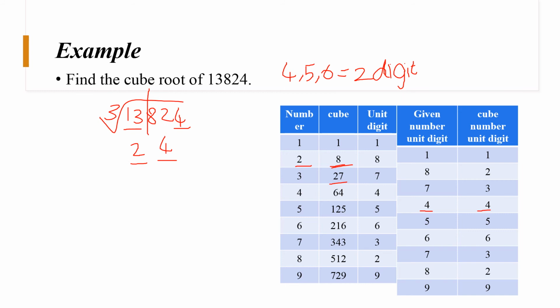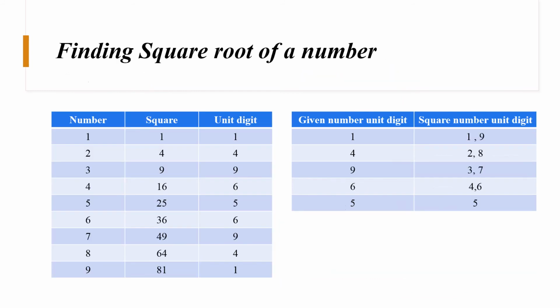Okay. Next we will see how to find the square root of a number. This is a similar concept to finding the cube root of a number. Here also we need to remember the table of the given number's unit digit and the square number's unit digit. If the given number's unit digit is 1, the square number's unit digit will be 1 or 9, and if the given number's unit digit is 4, the square number's unit digit is 2 or 8.